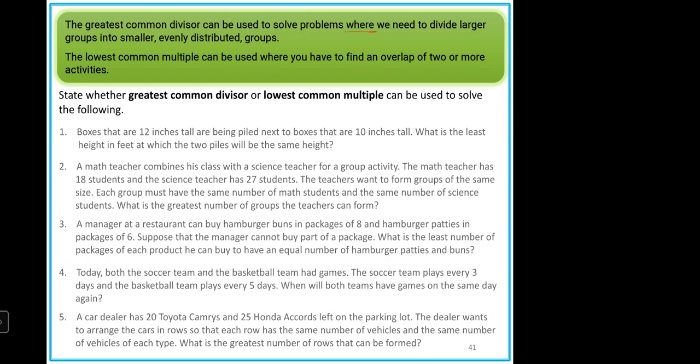It says a math teacher combines his class with a science class for a group activity. The math teacher has 18 students and the science teacher has 27 students. The teacher wants to form groups of the same size. Each group must have the same number of math students and the same number of science students. What is the greatest number of groups the teachers can form?